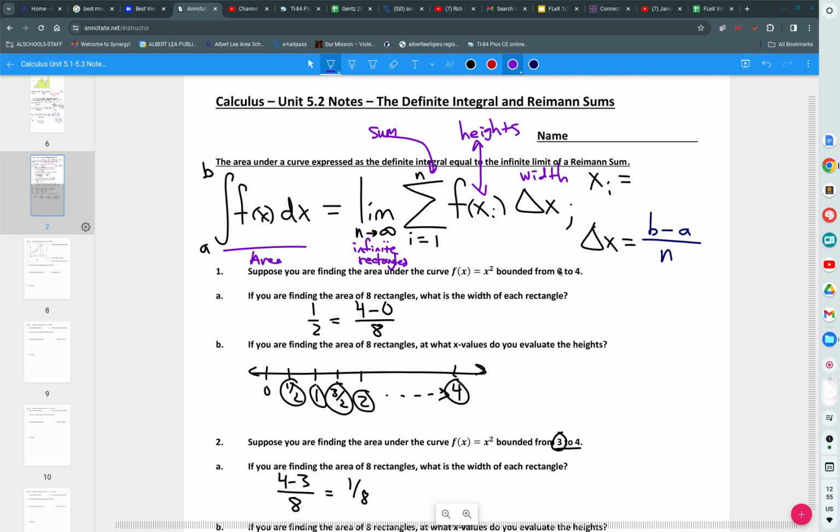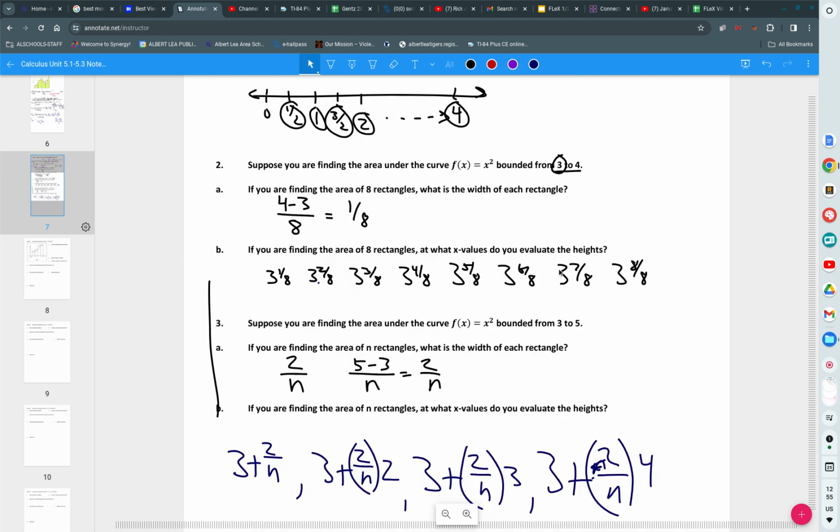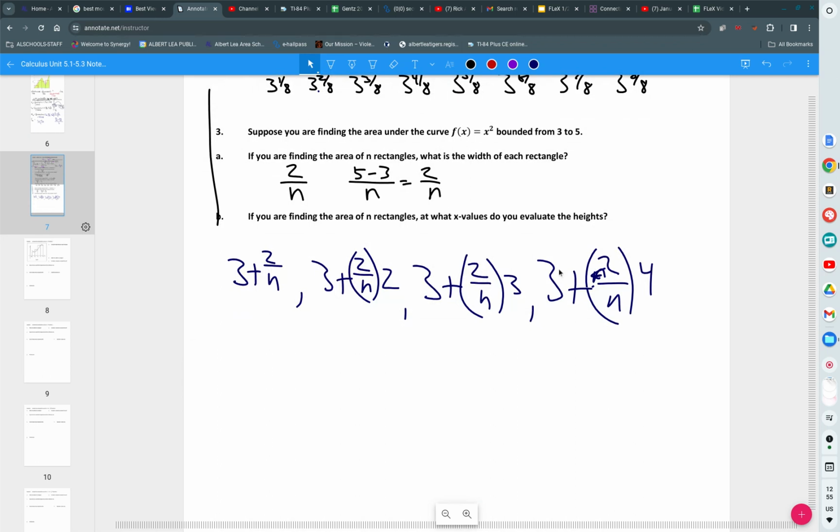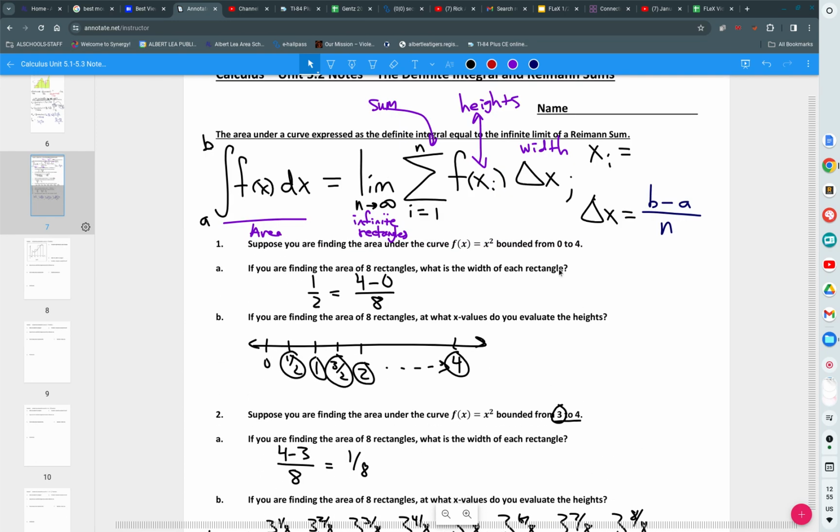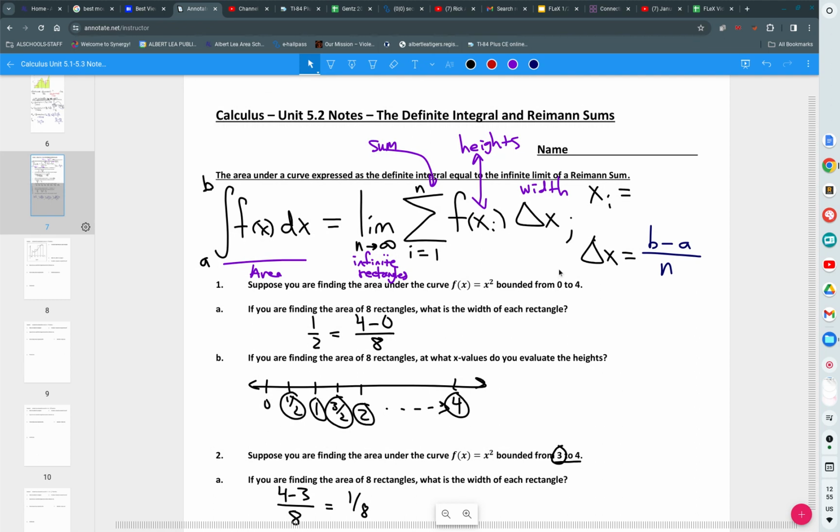Well, you told me that in this scenario, you took the starting point, 3, and you simply added a width to it, right? So as we go through this process, you're going to take the starting point. What's the starting point for our interval in this situation?